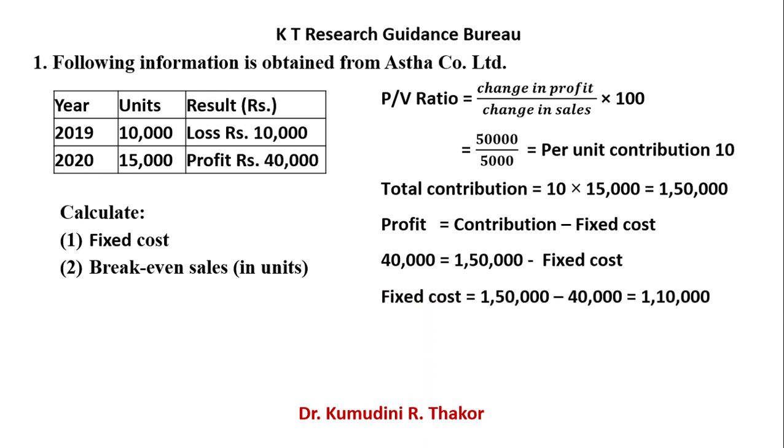So your fixed cost is equal to 1,10,000 because profit is equal to contribution minus fixed cost, or remember this way: S minus V equal to C minus F equal to P. This shortcut method you have to mark up. So fixed cost is 1,10,000.